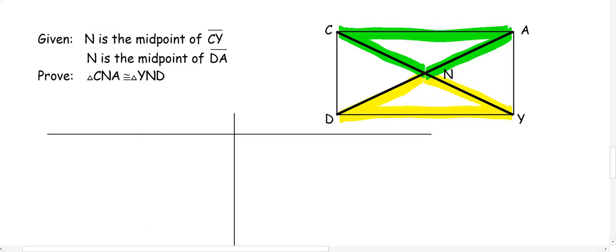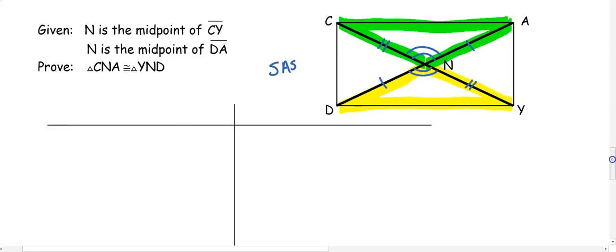So N is the midpoint of CY, which means that CY was bisected into two congruent parts. Same thing happens with DA because N is also a midpoint of that. And now when I look at the two triangles, I see a bow tie problem. So remember, I also have vertical angles are congruent. So I would use the method side angle side to show those triangles are congruent.